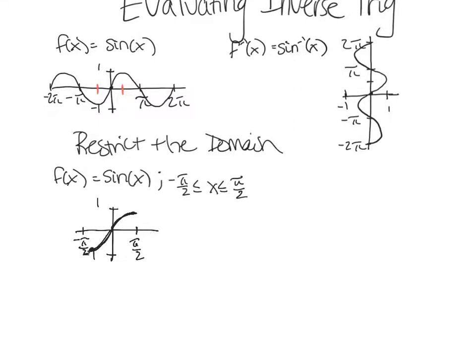So when we find the inverse of that, or when we graph the inverse of that, it will actually be a function. So we've restricted our domain to negative pi over 2 to pi over 2. And notice that these are in fact being included in there. Those are closed points. And then our range is going to still just be from -1 to 1. That doesn't make a difference.